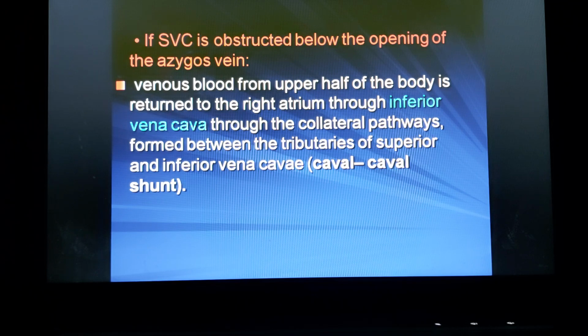That type of connection is called a caval shunt. So when the obstruction is below the opening of the azygos vein, there is a formation of a caval shunt.